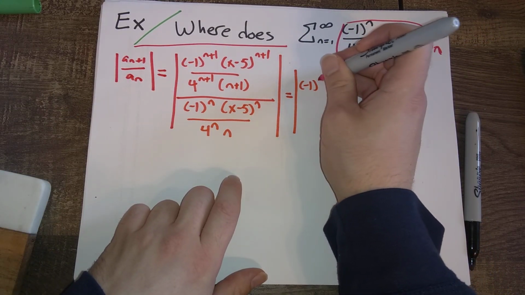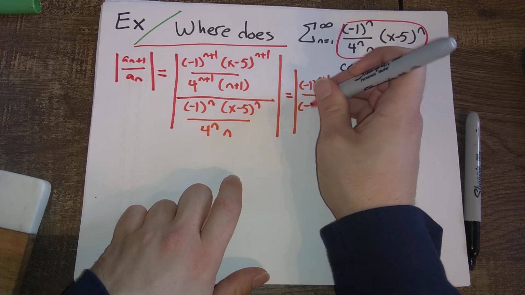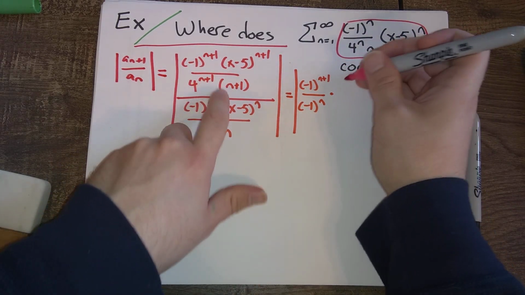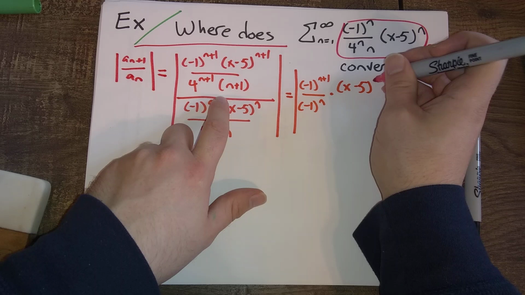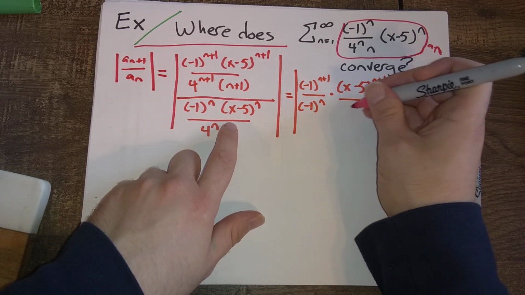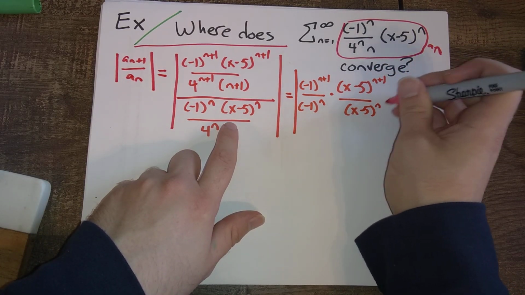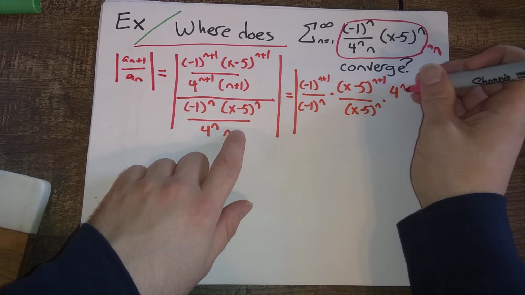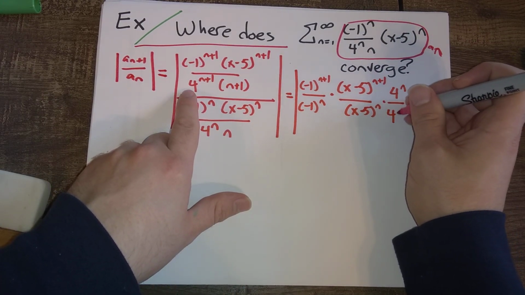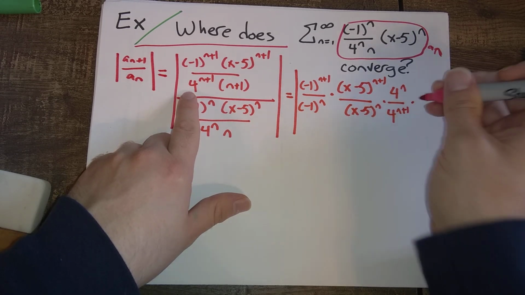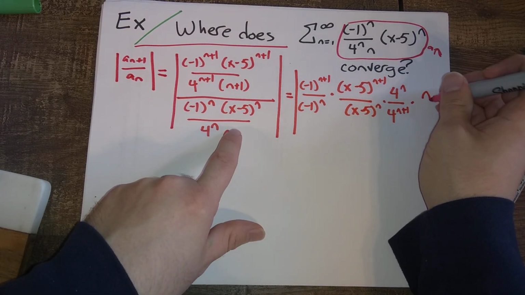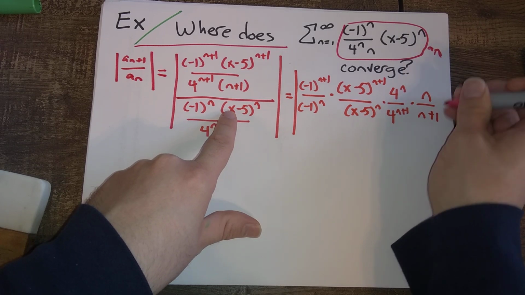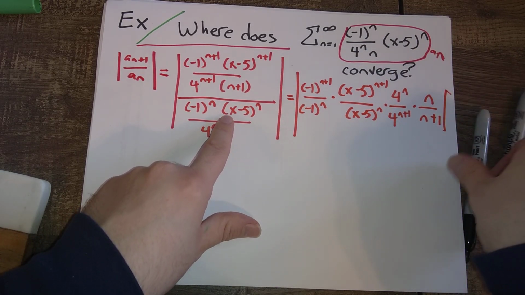Let's rearrange this as before, grouping common things together. So minus 1 to the n plus 1 divided by minus 1 to the n. x minus 5 to the n plus 1 divided by x minus 5 to the n. This 4 to the n swings upstairs, 4 to the n divided by 4 to the n plus 1. And this n swings upstairs, n plus 1 downstairs.